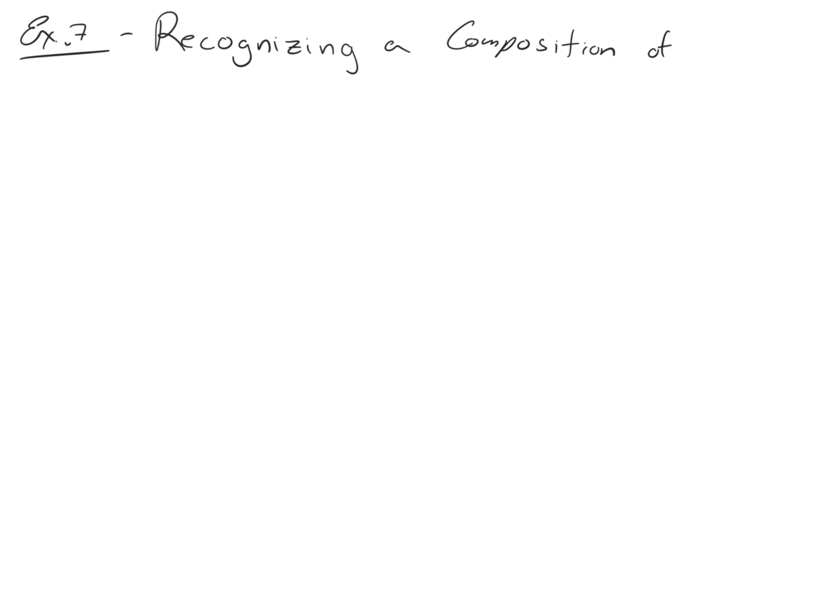So the last example is, I'm going to call it example 7. I have no idea what example number we are, so we're just going to be example 7. It's recognizing a composition of functions. So you are given function F of x, with a capital F, which is the 4th root of x plus 9.